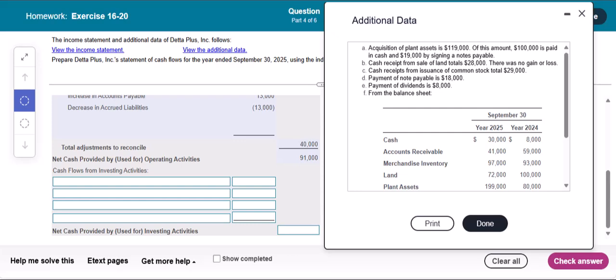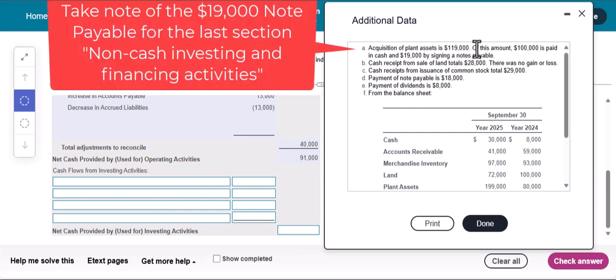So let's look at the first one, the acquisition of plant assets. Now, plant assets or long-term assets, they're going to go in the investing activity section if they involve cash. So we acquired some plant assets for $119,000, but $100,000 of it was paid in cash. So we're going to be using $100,000.